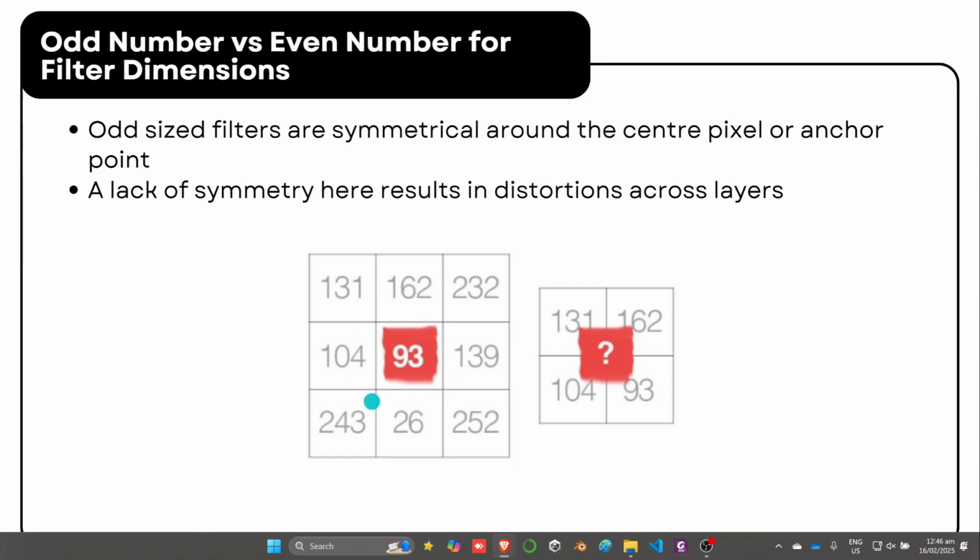It is based on the experience of most designers of CNNs. That's why they use odd size filters instead of even numbers for filter dimension.